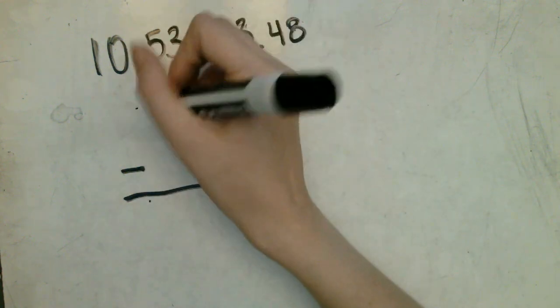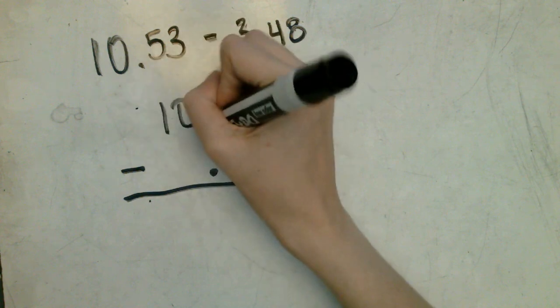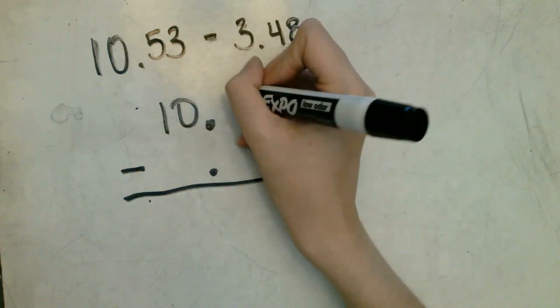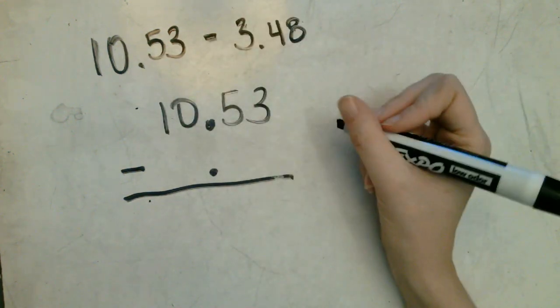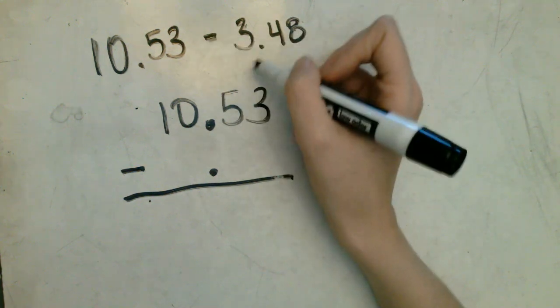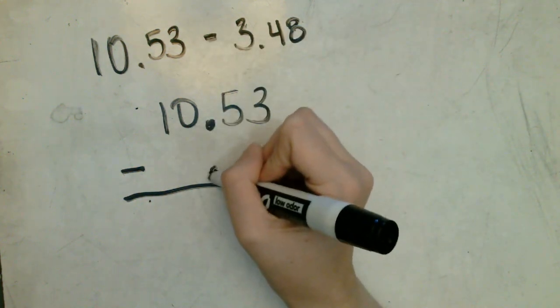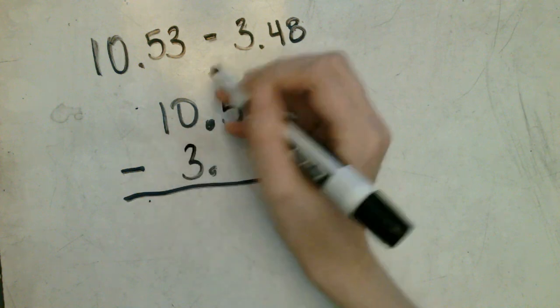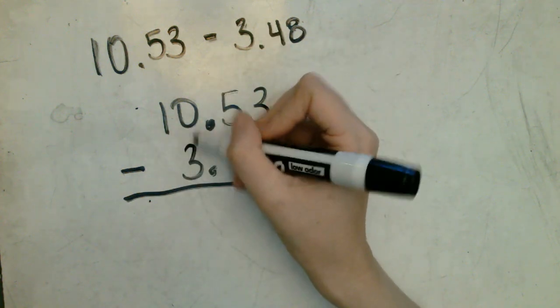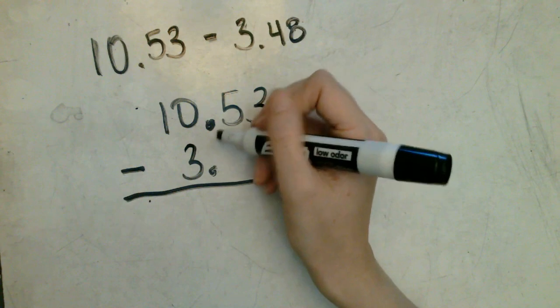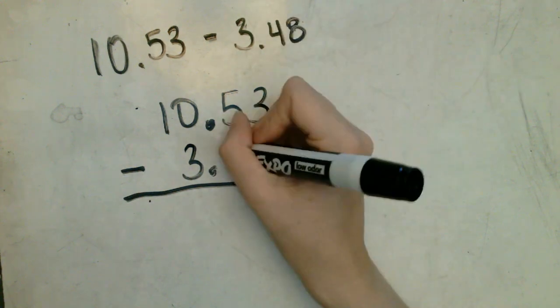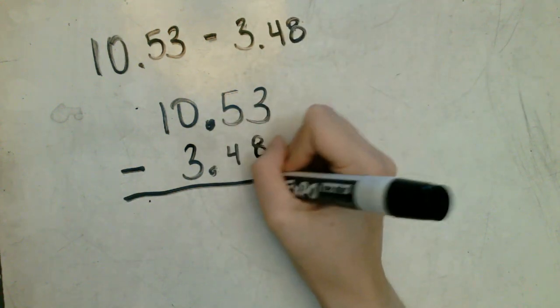So the top number has 10 in front of our decimal and 53 behind our decimal. Now we're subtracting 3.48. So in front of my decimal is the 3. The 3 is right in front of my decimal, so I'm going to line it up under the 0. And behind the decimal is 48.